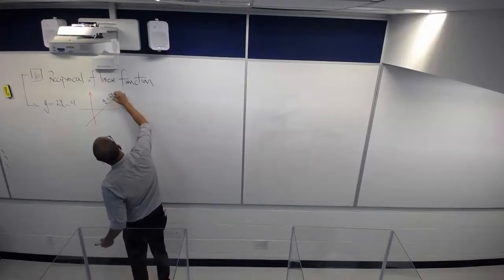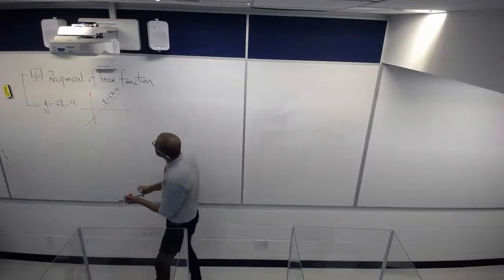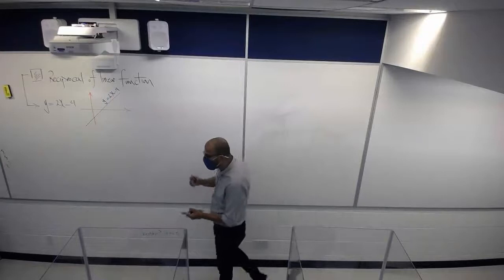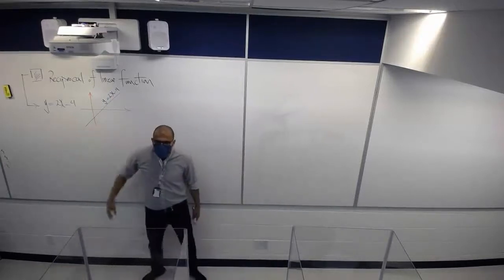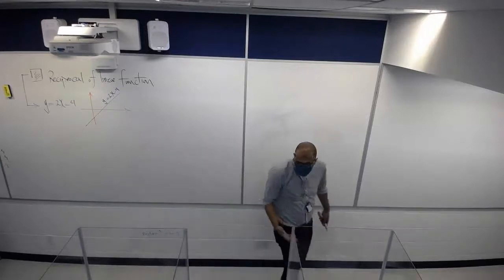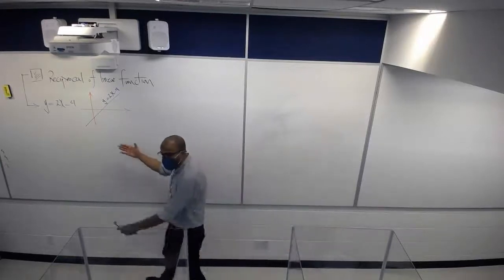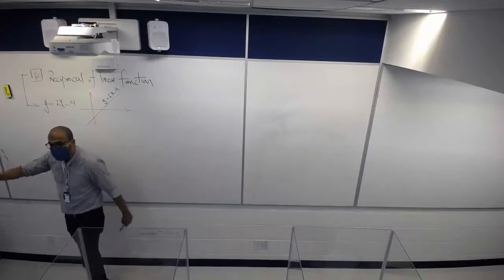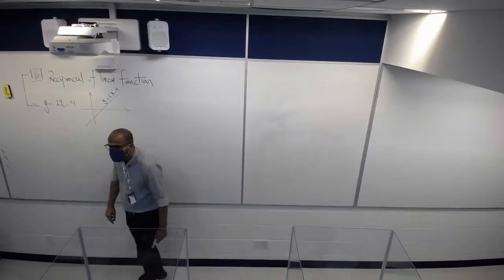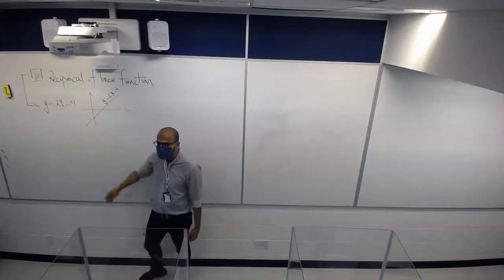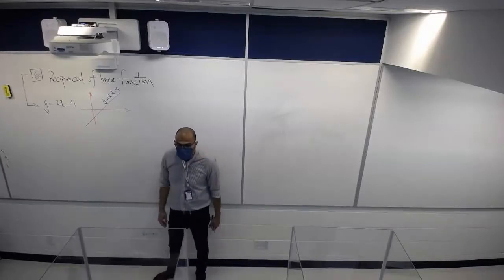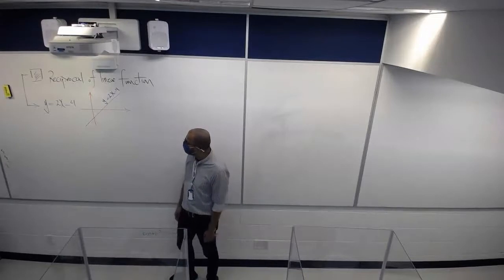y equals 2x minus 4. We start, as I said, with a linear function. We say, oh, this function is quite boring, because based on what we learned in the prior year's math, I noticed that this function has a domain that is always the real numbers, and its range also is always the real numbers.